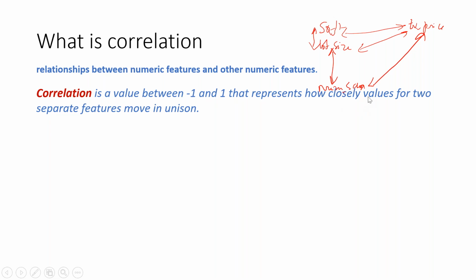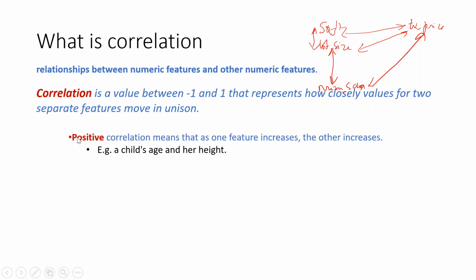It represents how closely values for two separate features move in unison. Are they moving together in a particular way, or not moving at all, or moving in a very weak way? That is what we want to find out.